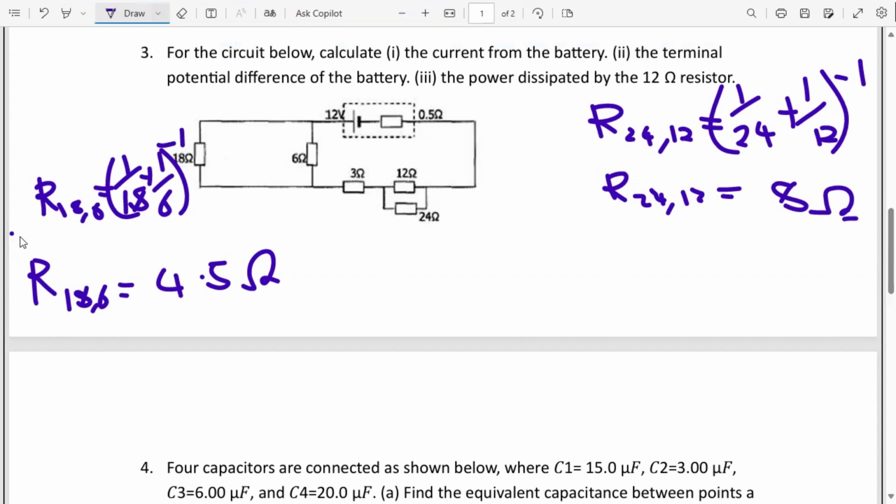So we now have 4.5 ohms here, 8 ohms here, 3 ohms there, and the 0.5 ohms there. We're going to calculate the total resistance around the circuit.